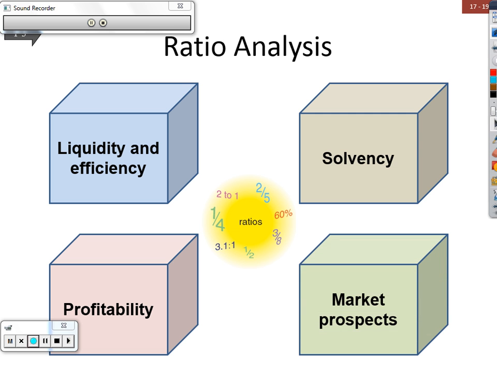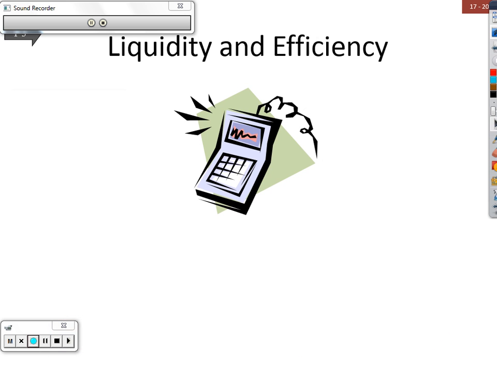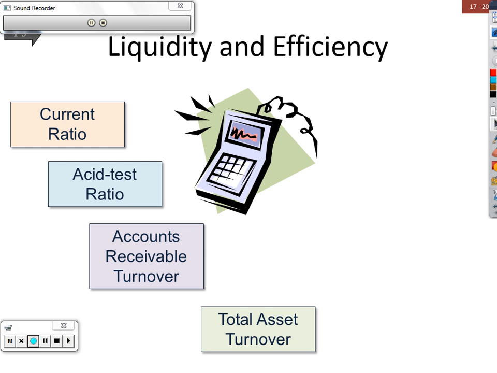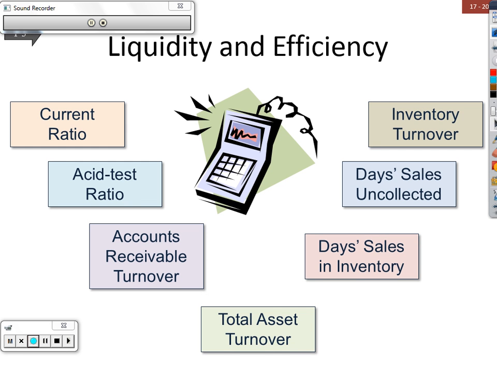So let's talk about some of these ratio analyses. These are the 4 categories of ratio analysis, and we're going to talk about each one of them individually. So we have liquidity and efficiency.